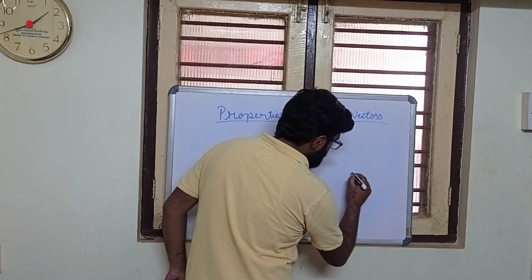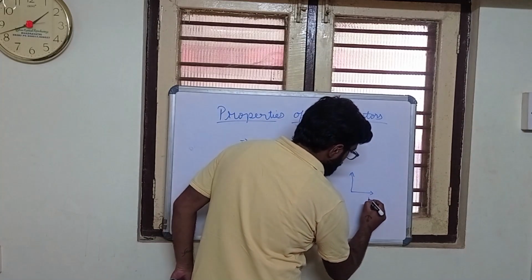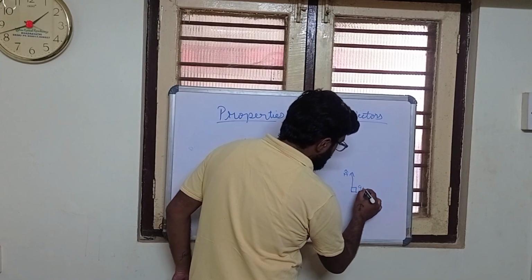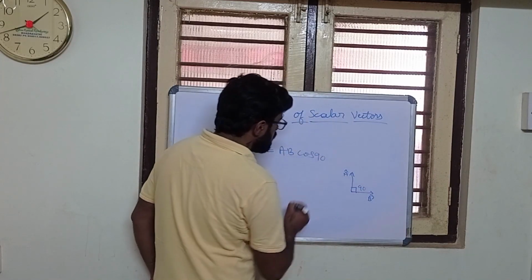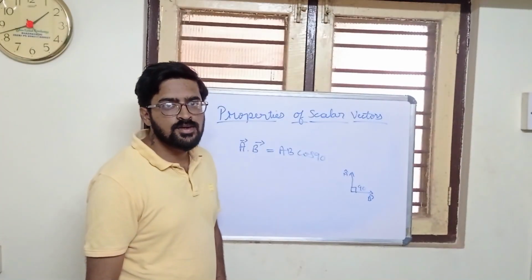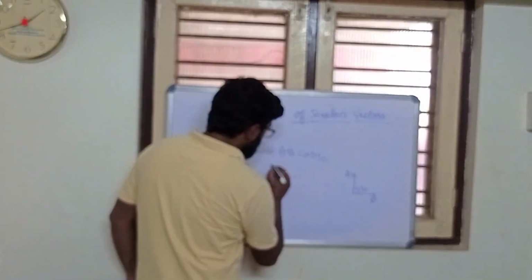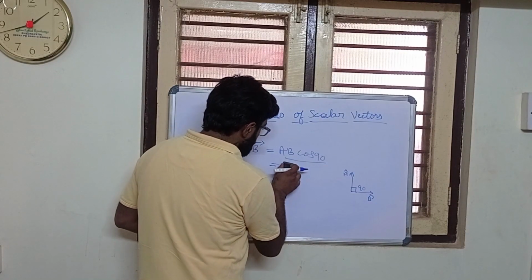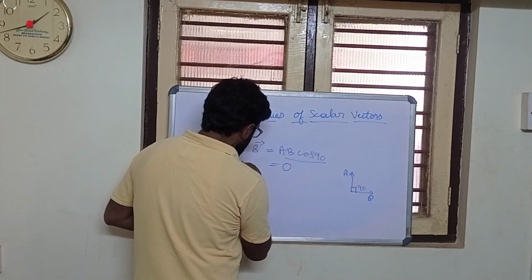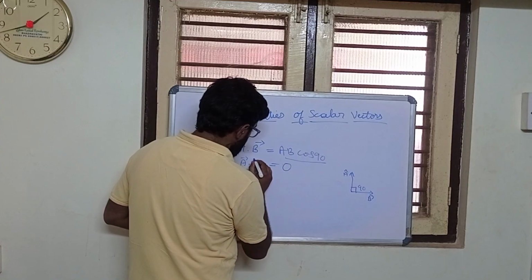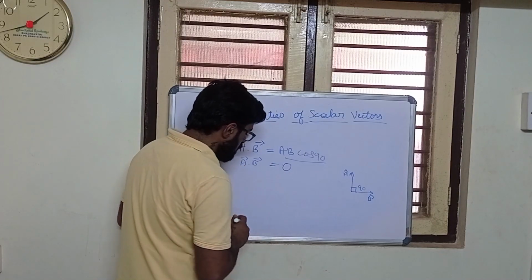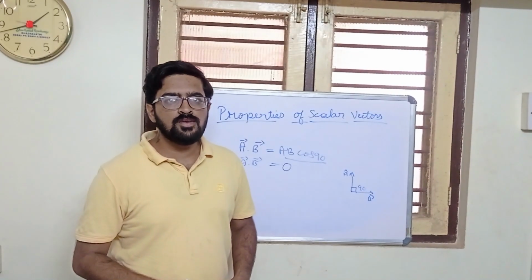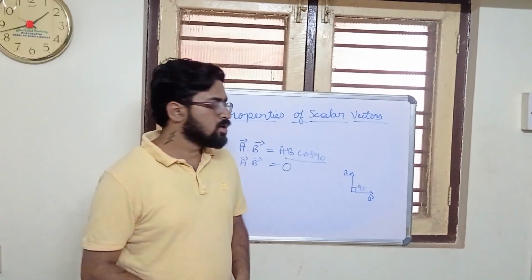If vector A is here and another vector B is here, what will be the angle? 90 degrees. So what is the value of cos of 90? 0. This whole term becomes 0. So the scalar product of two vectors which are perpendicular to one another is 0.